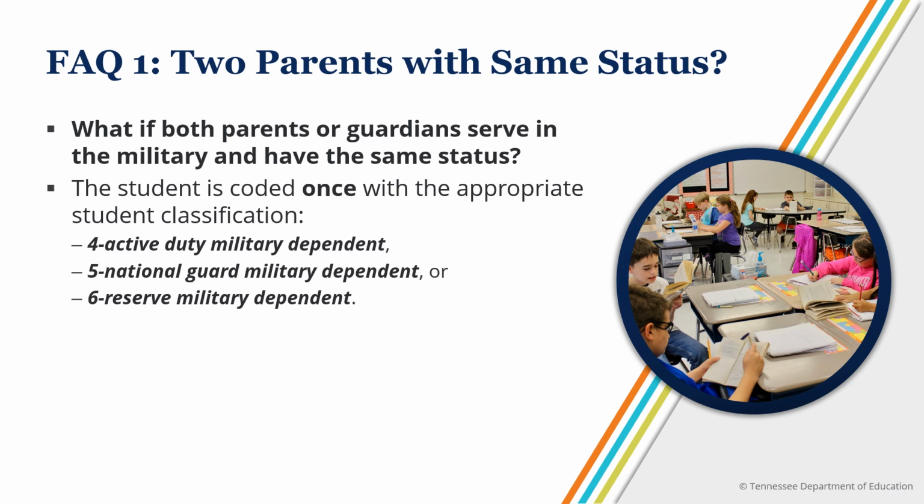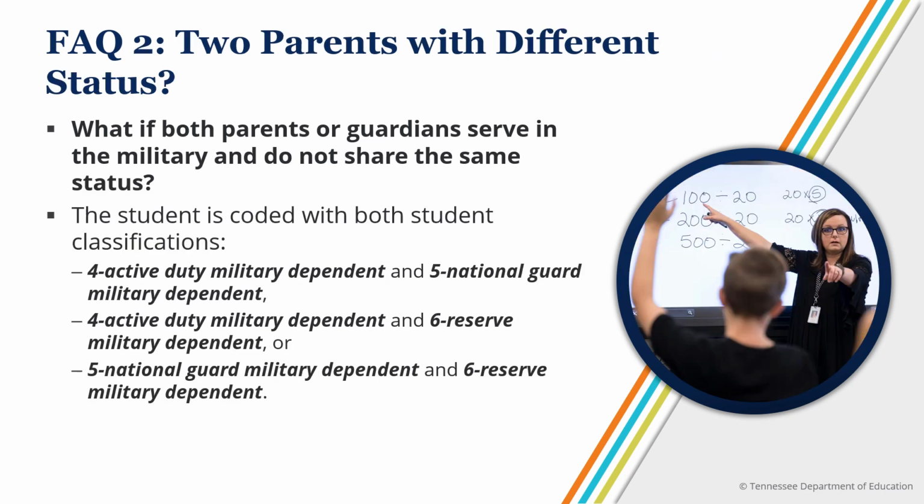We often are asked 3 frequently asked questions, so we'll discuss them here. First, what if both parents or guardians serve in the military and have the same status? Well, in this case, the student is coded once with the appropriate student classification: 4 active duty military dependent, 5 National Guard military dependent, or 6 Reserve military dependent. Frequently asked question 2.